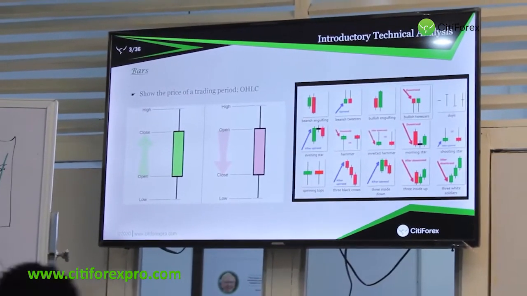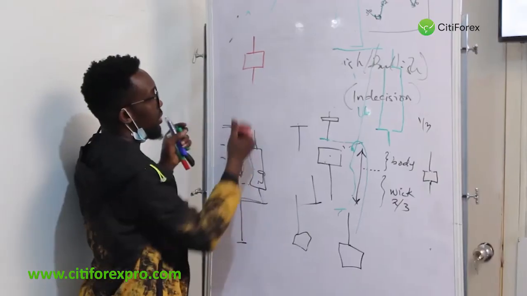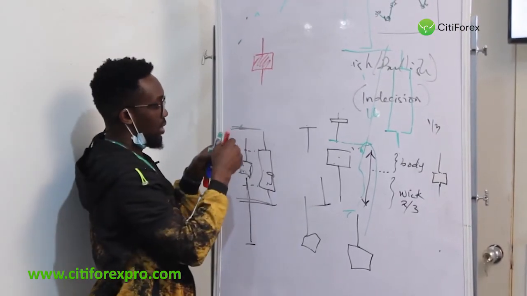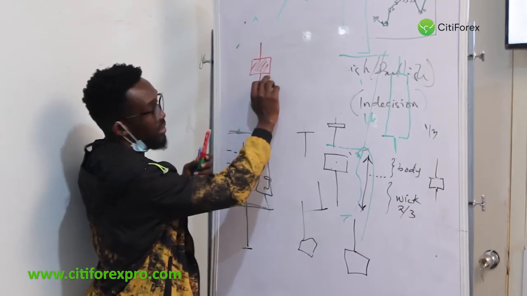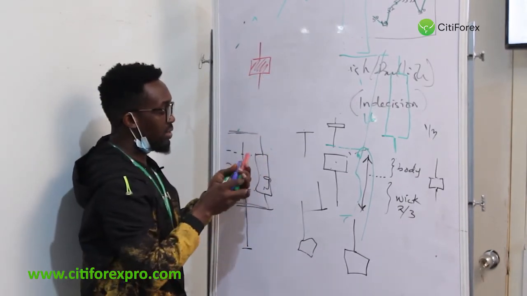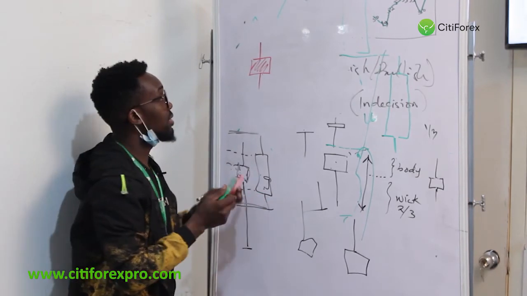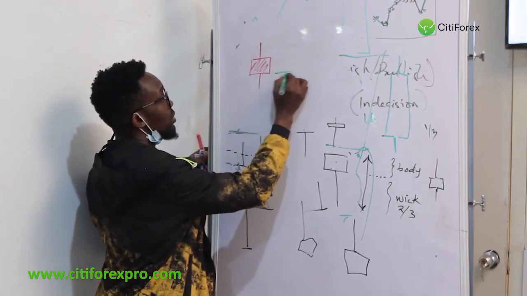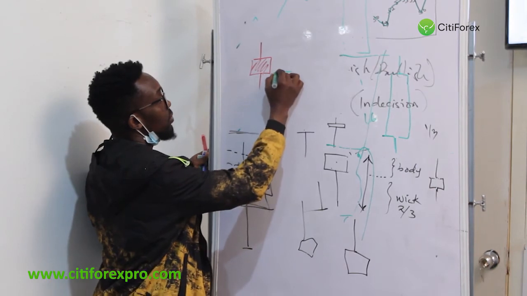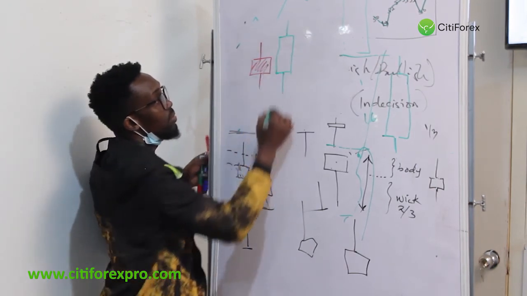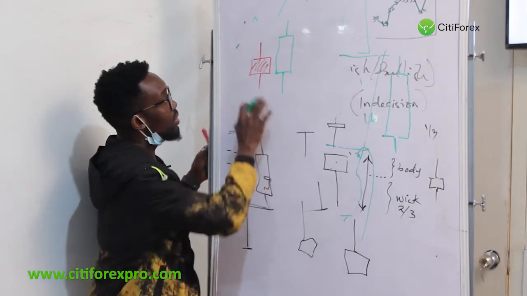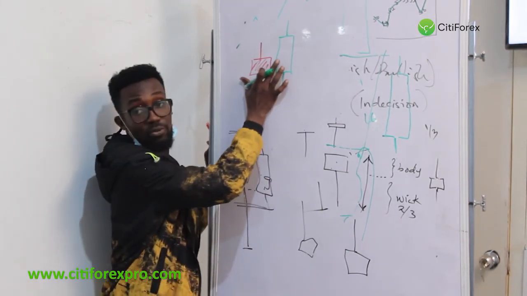Let me use colors. This is red. It's coming down like this. The price was around this area, came down, closed here. Now, the next day, when the market started, it will start from here, go down a bit, and then start going up. What happened? The price here has been engulfed.